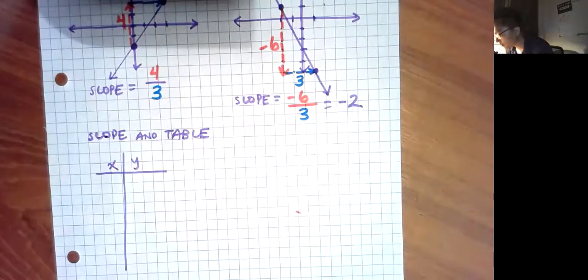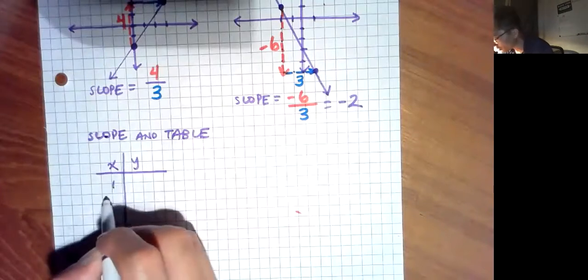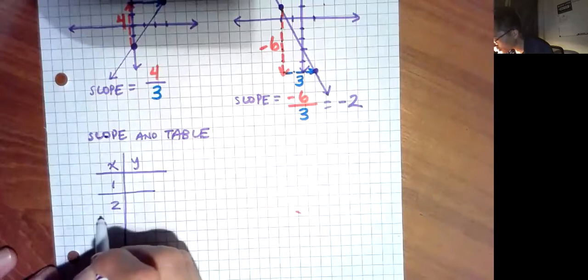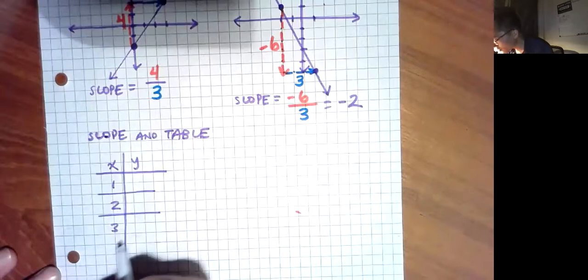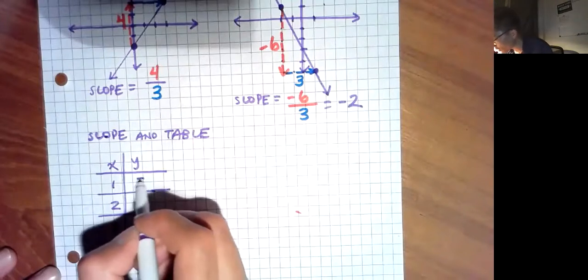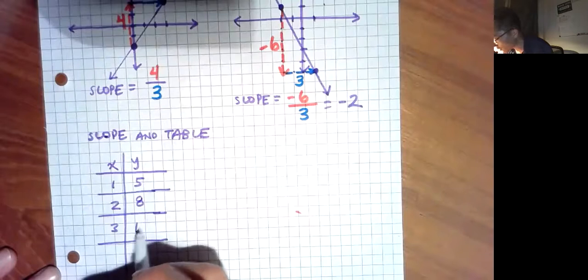X and Y. And let's say X is starting at 1, 2, 3. My Y values are 5, 8, 11.